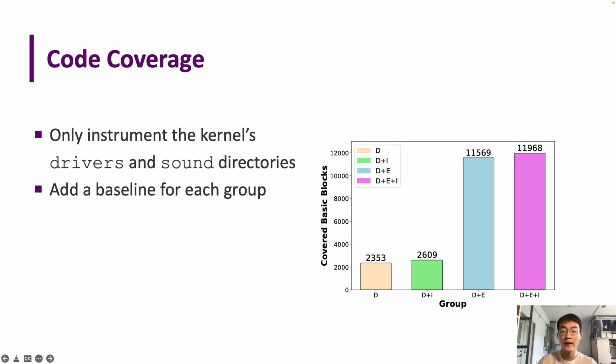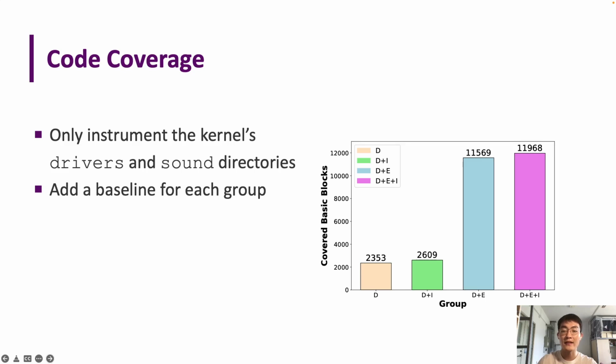In addition to the ability to find bugs, we also evaluate PrIntFuzz's improvement in code coverage compared with Syzkaller. We only instrumented the kernel's drivers and sound directories in this experiment.